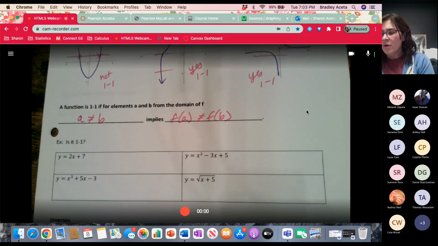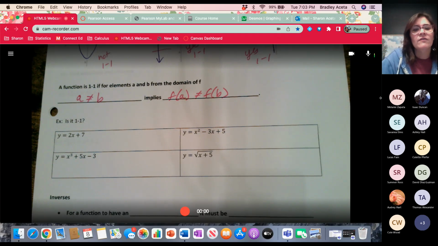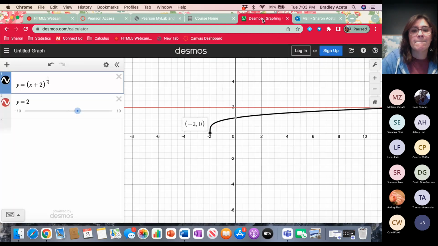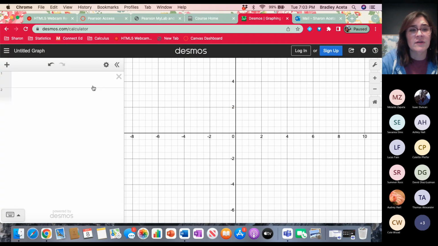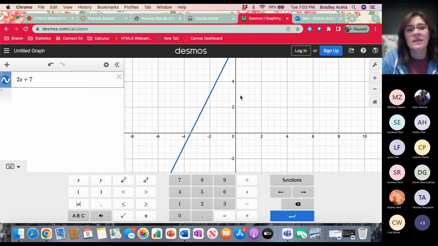And then another part of homework tonight, they're going to give you these equations and ask, is it one-to-one? Well, this is as simple as putting it in Desmos and doing a horizontal line test on it. So for this first one, 2x plus 7, we'll go to Desmos and put it in. You all should know what it looks like. It's linear.